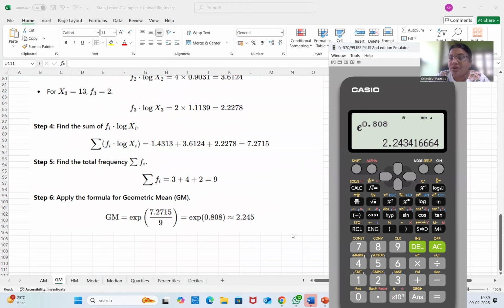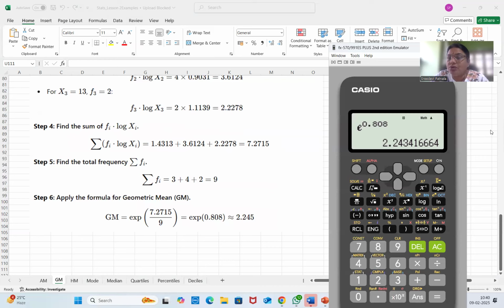So we covered so far the arithmetic mean for grouped data, the arithmetic mean for ungrouped data using the direct method, and the geometric mean. There are several ways to identify it, but we used the nth root of the product.